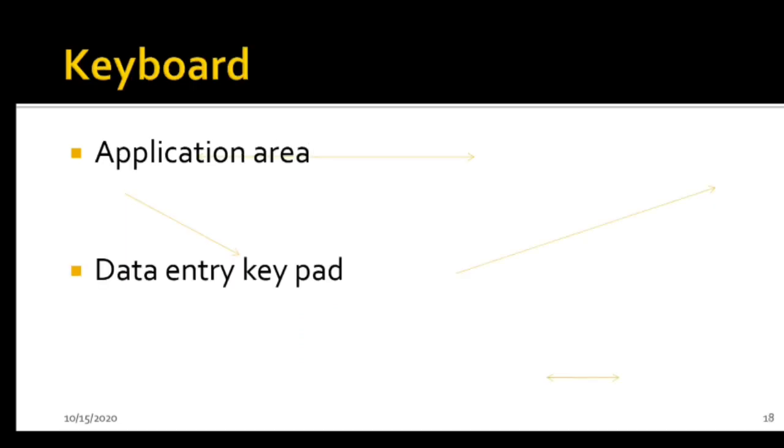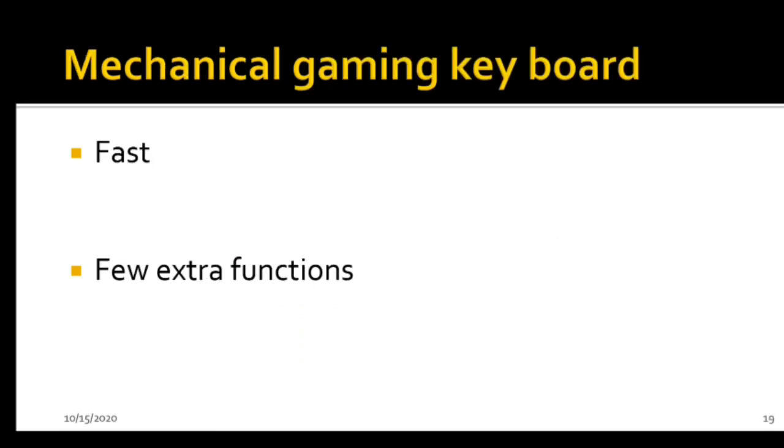A keyboard can be classified into two areas: the application area and the data entry keypad. The application area is used for normal typing, and the data entry keypad is used for data entry of numericals, like for accounts, people working in the accounts department. So they are using the data entry keypad, which facilitates a faster entry system.